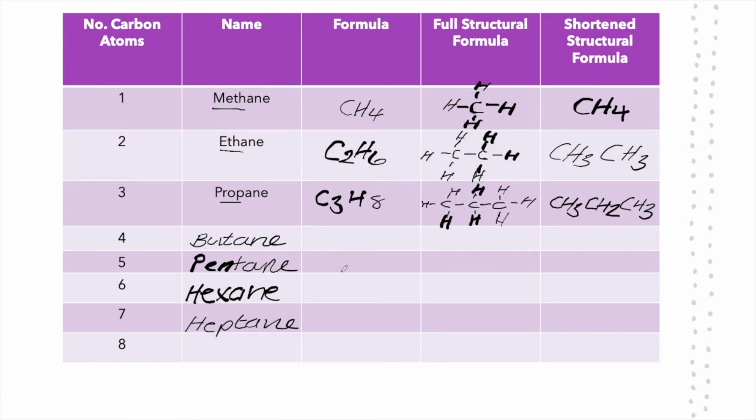And as you may have guessed, an octagon has 8 sides, and octane has 8 carbons. So I'm going to leave the rest of this table blank and you should fill it in yourself. Once you've done that, come back and we will continue with the rest of the lesson.